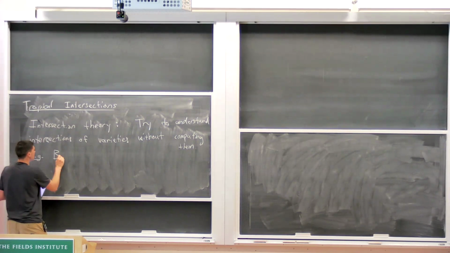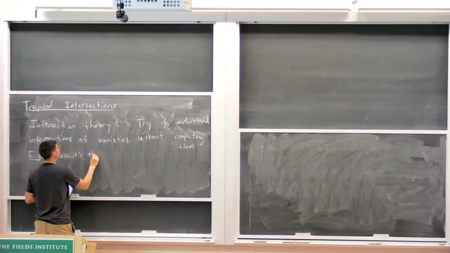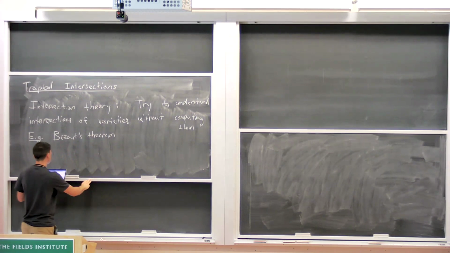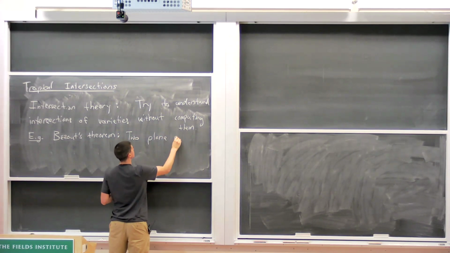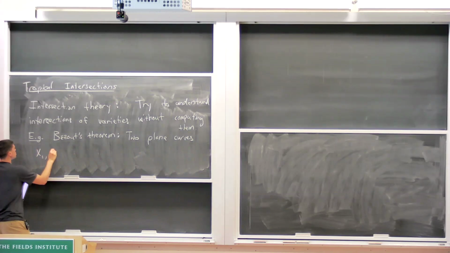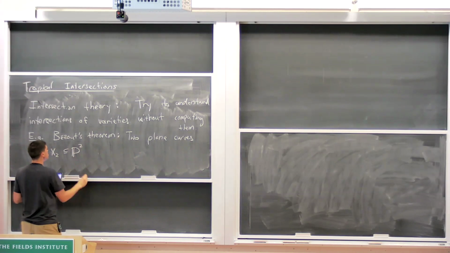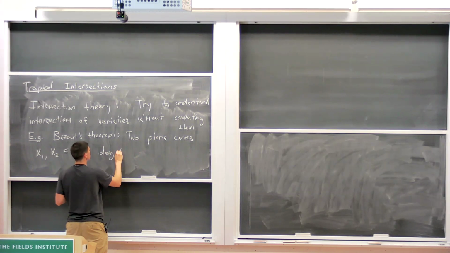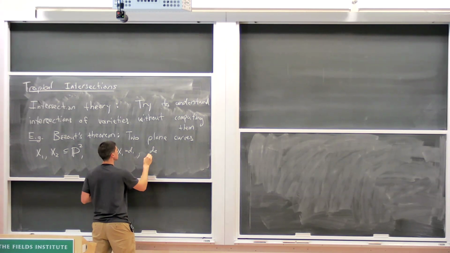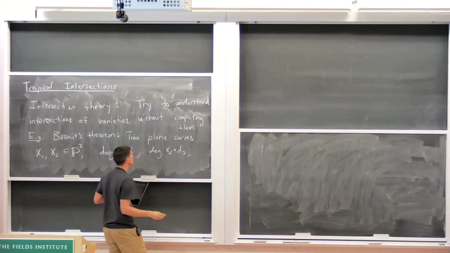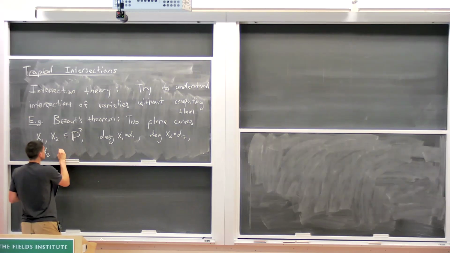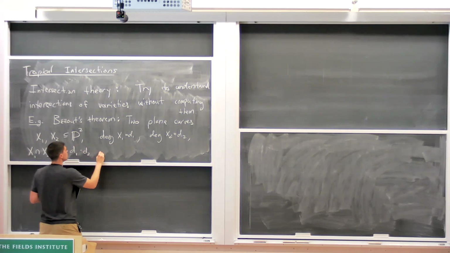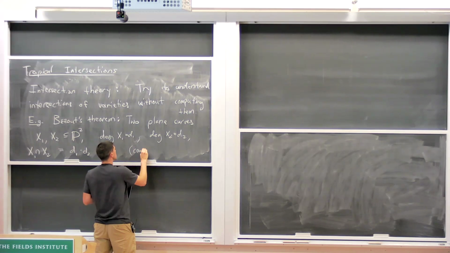So the classic example of this phenomenon is Bézout's theorem, which says that if I take two plane curves, say X1 and X2 in P2 with degrees d1 and d2, then with some mild assumption, as long as they don't share any irreducible components, the intersection of the two consists of d1 times d2 points, as long as you count with multiplicity.